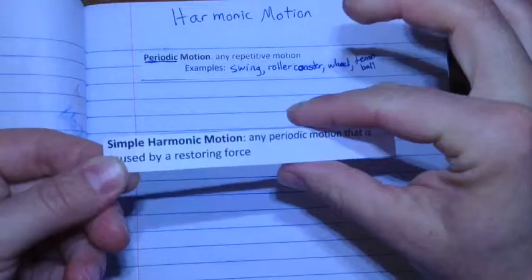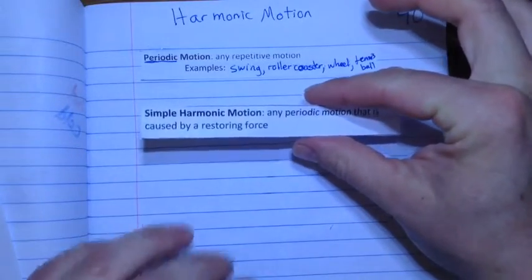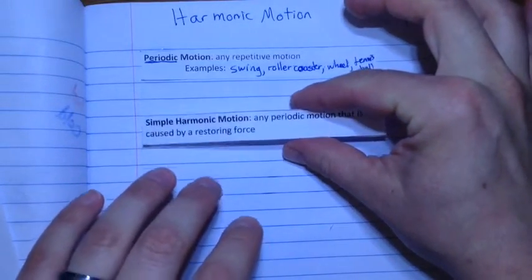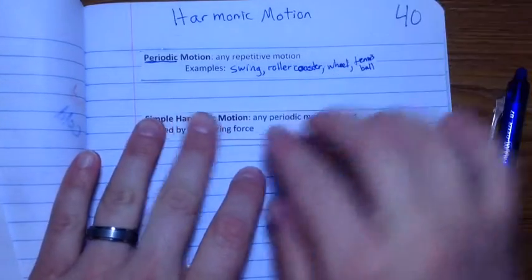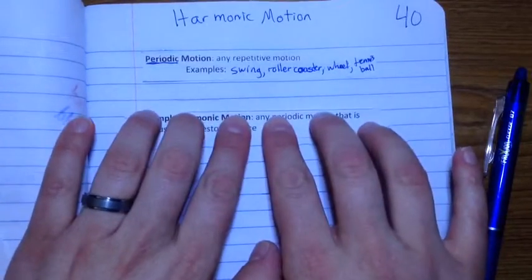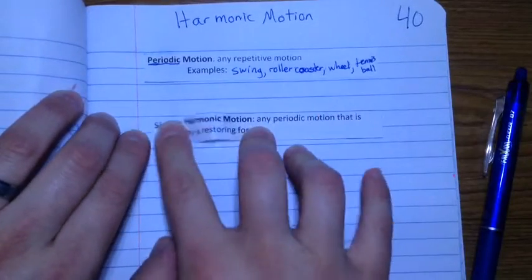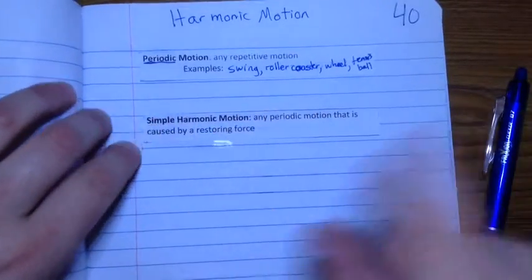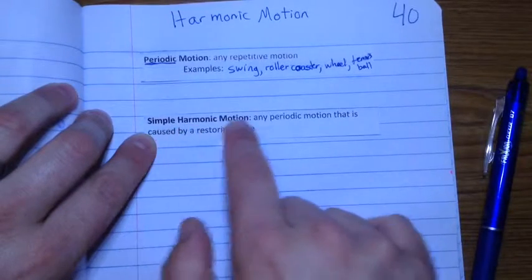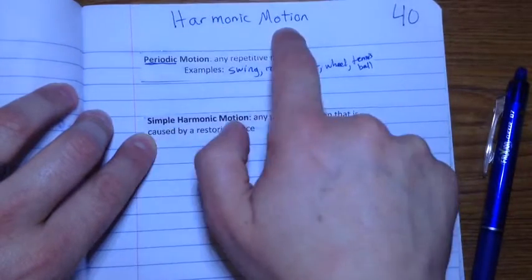So go ahead, glue that in. Simple harmonic motion is any periodic motion that is caused by a restoring force. Leave a little bit of space. It's often called simple harmonic motion rather than harmonic motion.